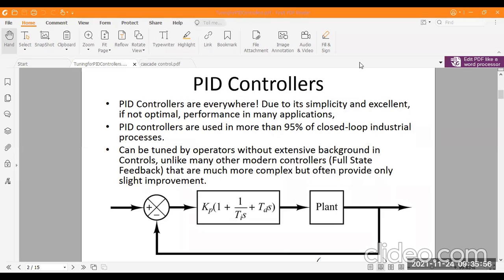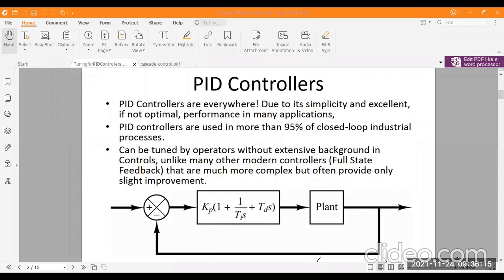We have to know this when using different types of controllers in process control industries or any industries.